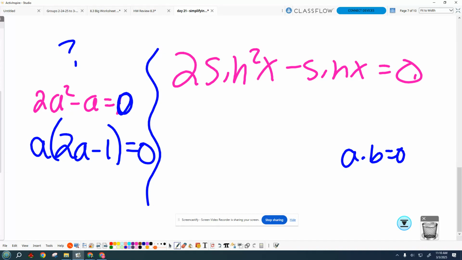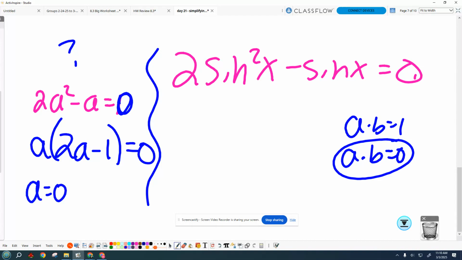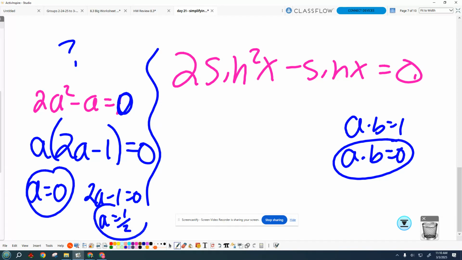One of them has to be 0. If I tell you A times B equals 1, what do you know about them? They're reciprocals of each other, that's all you know. But if I tell you they equal 0, either A is 0 or B is 0. So here, either A equals 0 or 2A minus 1 equals 0. So A is either 0 or a half.